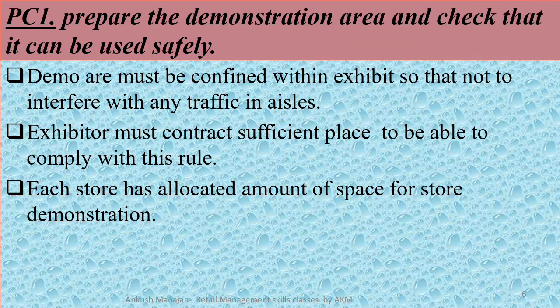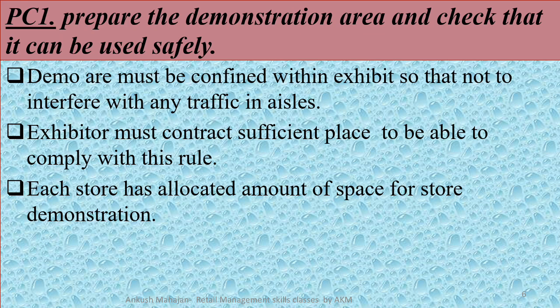Now we'll start with PC1. Prepare the demonstration area and check that it can be used safely. So in this PC, demonstrations must be confined within the exhibit so as not to interfere with any kind of traffic in the aisles.